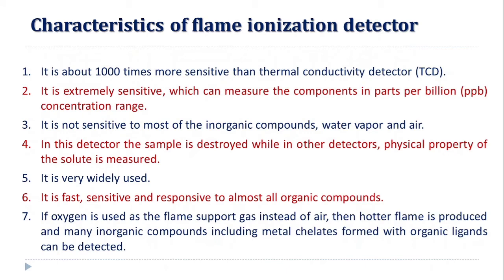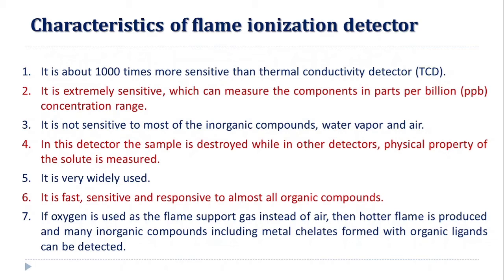If oxygen is used as a flame support gas instead of air, then a hotter flame is produced and many inorganic compounds, including metal chelates formed with organic ligands, can be detected. If we use oxygen instead of air, the temperature of the flame will be very high.